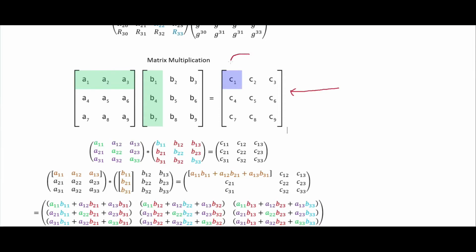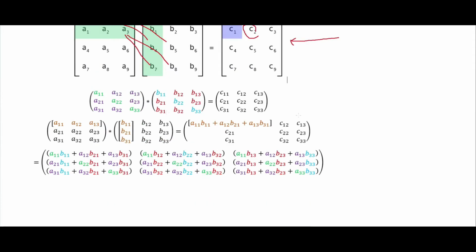So to get this element here, we have to multiply A1 times B1, A2 times B2, and A3 times B3. Then to get this one, it'd have to be A1 times B2, A2 times B5, and A3 times B8, and so on and so forth. And that's what I have showing right here.